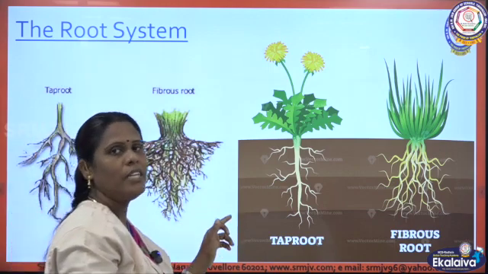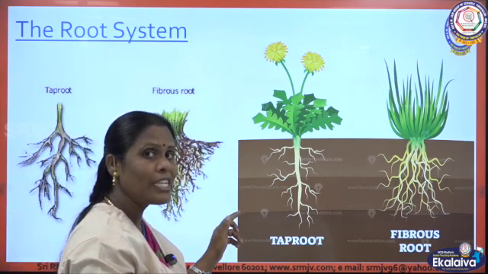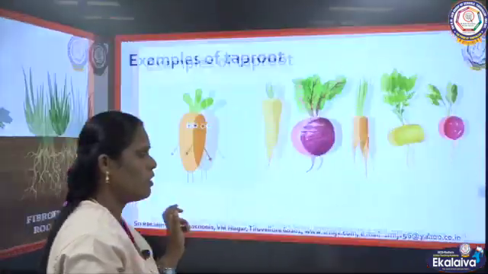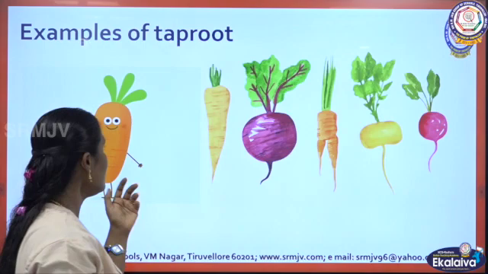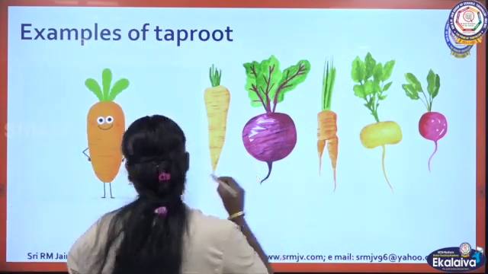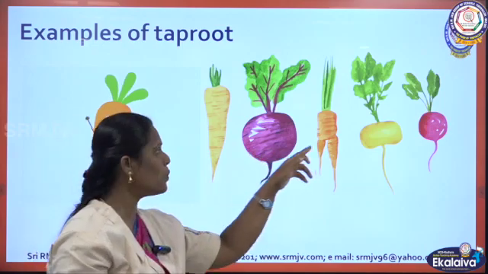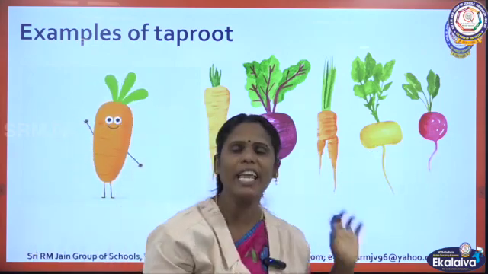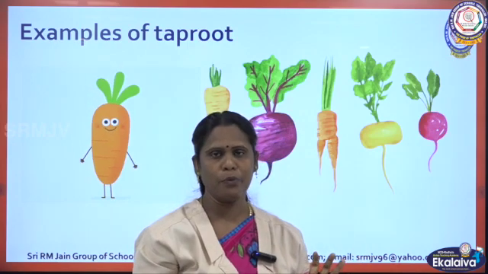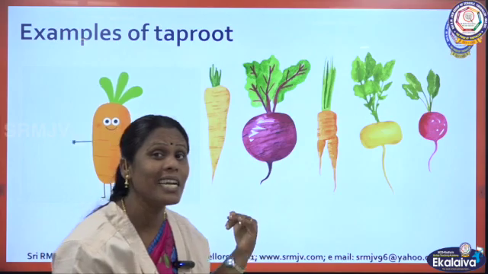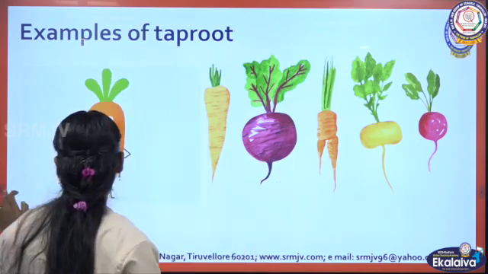Now, we will discuss examples of taproot and fibrous root. You see, carrot, beetroot, radish and turnip are examples of taproot because they store food inside the root, right?